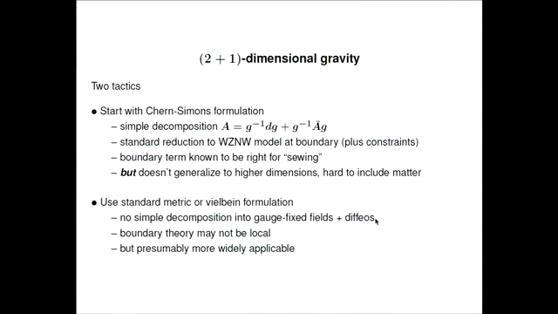OK, so 2 plus 1 dimensional gravity. There are 2 tactics for understanding these boundary terms. First of all, it's been known for many years now that you can rewrite 2 plus 1 dimensional gravity as a Chern-Simons gauge theory. In that formulation, there's a very simple decomposition of the fields into a gauge fixed piece and gauge transformations.